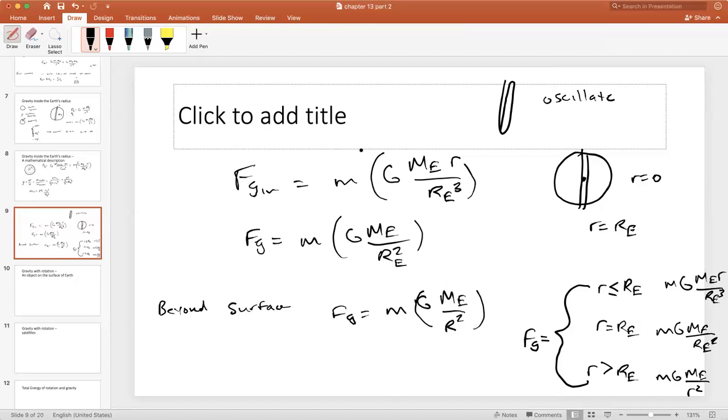And so we could actually treat this like a mass on a spring where the force is minus kx, which is minus kr. And that would be the same thing as our gravity. Our gravity force would be minus G M m r over r of the earth cubed inside.